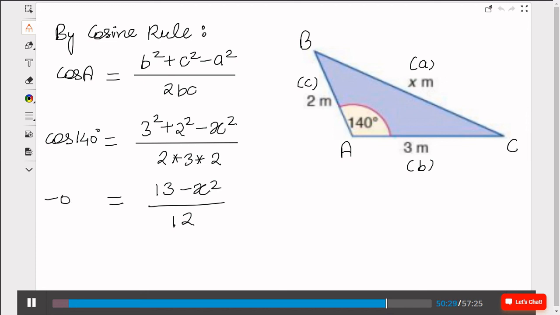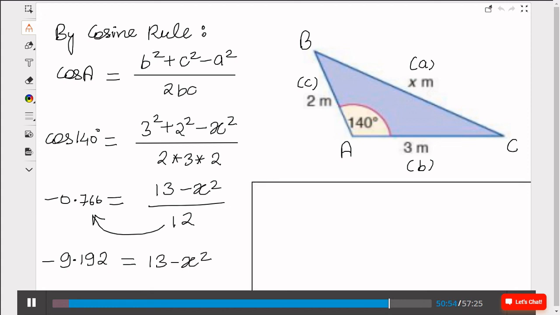Now x squared comes to this side, it becomes positive, and this goes to the other side. 13 plus 9.192 is 22.192. So you take the square root of that. It's about 4.71, 4.7 meters. That's the answer.